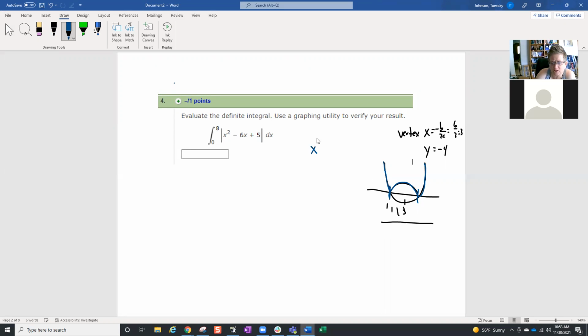If we're looking at x squared minus 6x plus 5, I can factor. X minus 5 times x minus 1. So I know that this is at 1, this is at 5. And we can rewrite our big integral as from 0 to 1, it's just the parabola.